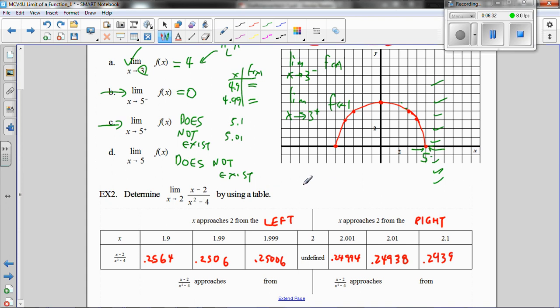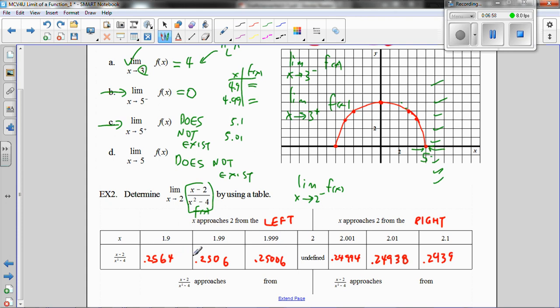So let's split this into the two limits. The limit from the left of this function, and this is a nasty function, that's what I'm calling f at x. We think of these values numerically: x approaches 2 from the left, so things like 1.9, 1.99, 1.9999, and then at 2, of course, it's undefined.